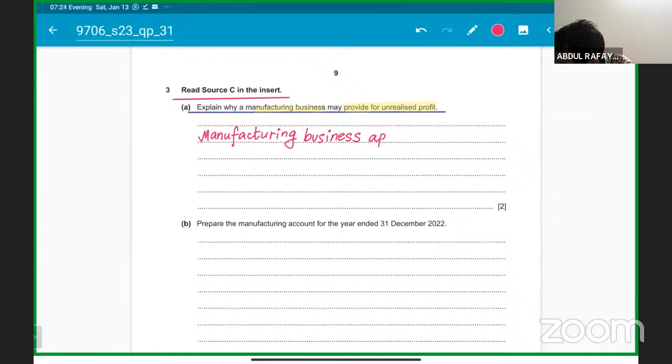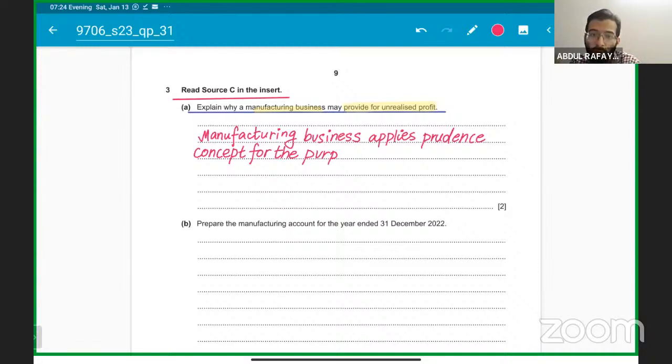Manufacturing business applies the prudence concept for the purpose of unrealized profit. And why is it so? We already know that the prudence concept says that if you are going to achieve a gain, you cannot record it until it is achieved.